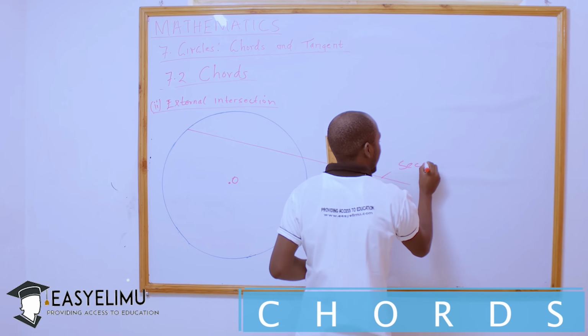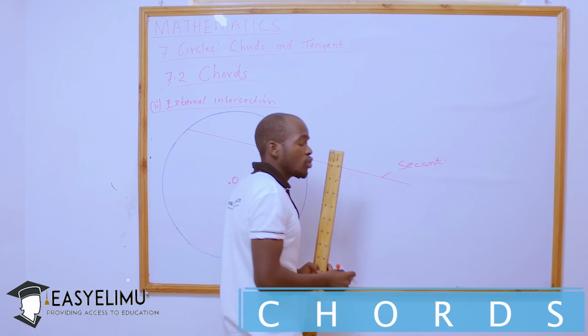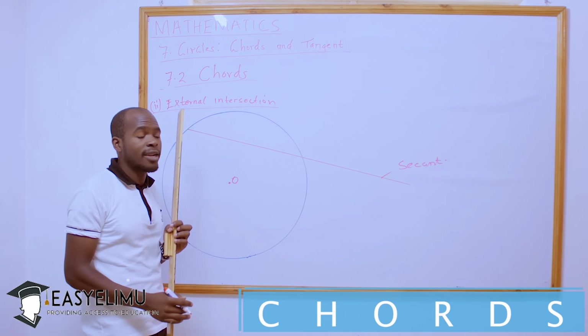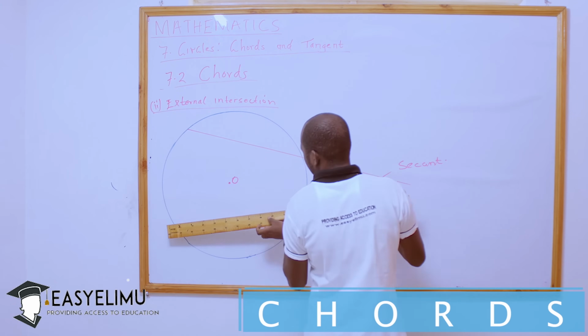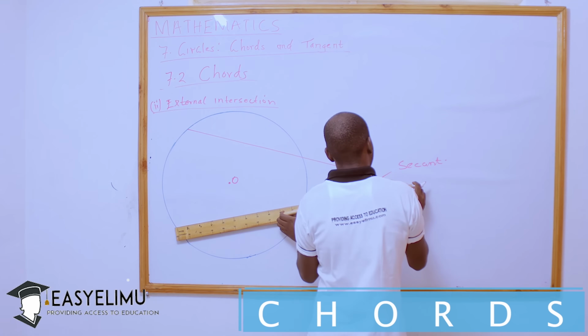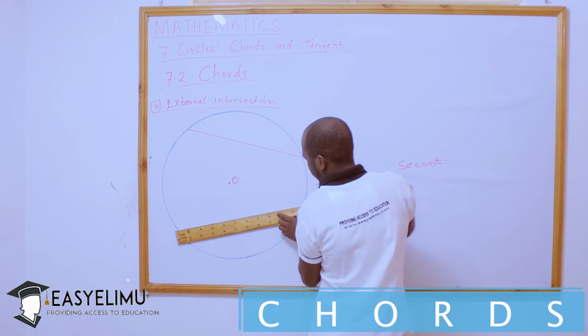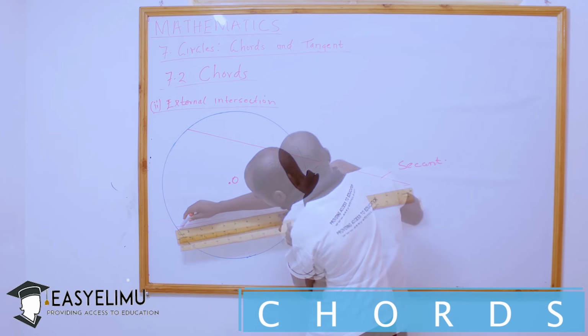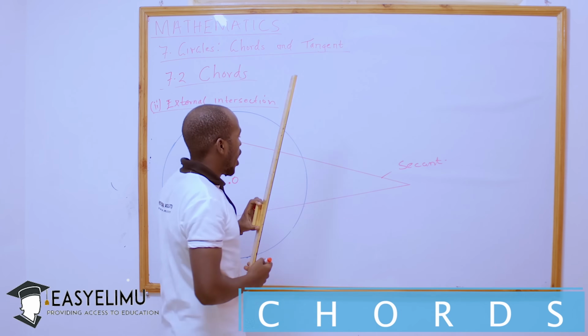This one here is a secant. So I'm going to construct two secants. One will be in that direction, and another one I will construct in the other direction. So that is what I'm going to have.